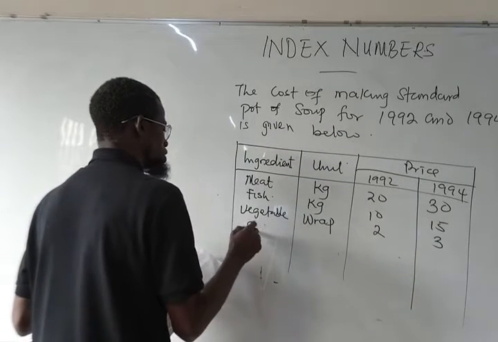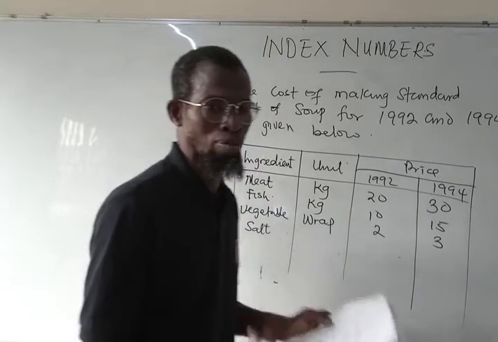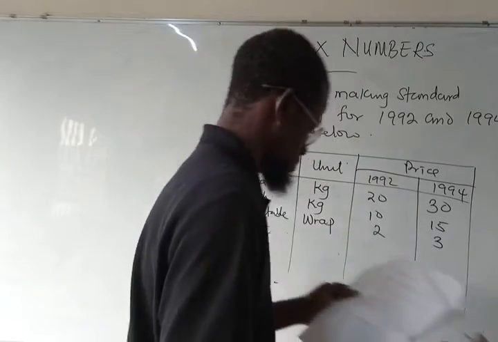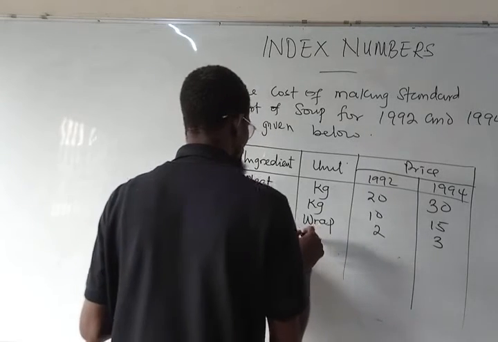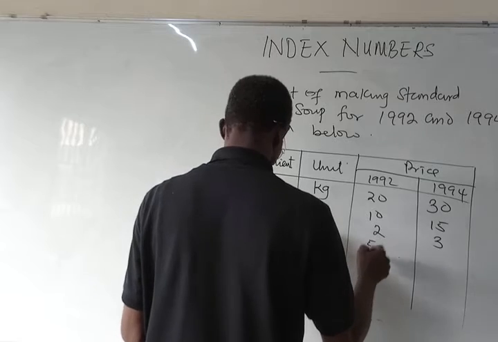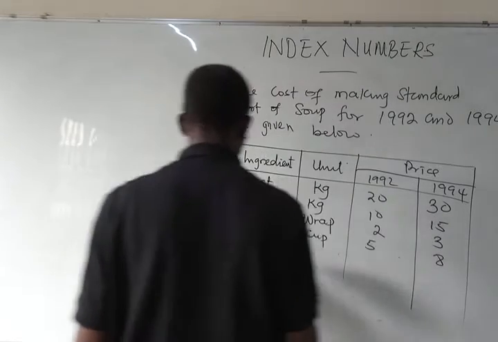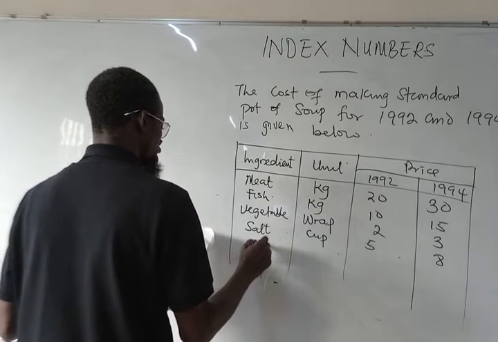We all know that we just use vegetable to make the food easier to swallow. So we have salt and corn. It was sold at the rate of 5 naira and 8 naira respectively. So we have oil.